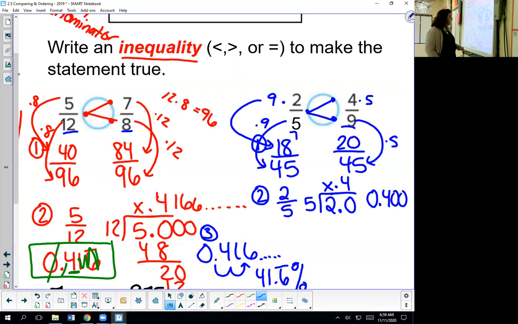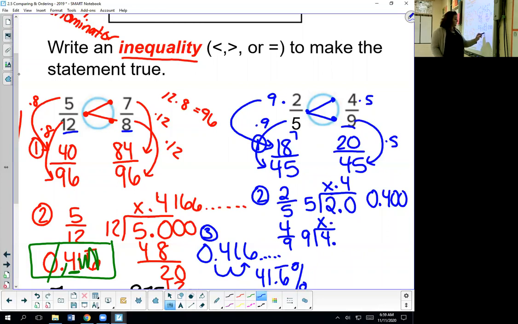So this one's giving me 0.4, and then there's a bunch of zeros after this because I have no remainder. And then if I change 4/9, now I told you to remember your 9s, anything out of 9 has a pattern. So if you memorize this one, like 1/9, 4/9, whatever, and you notice a pattern, you don't have to divide.